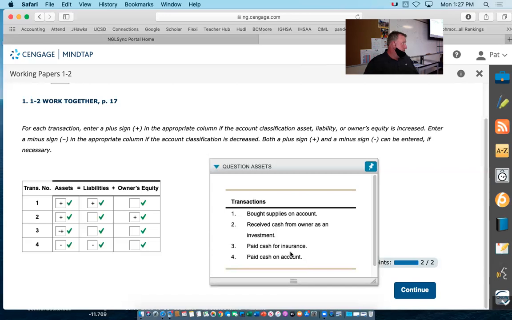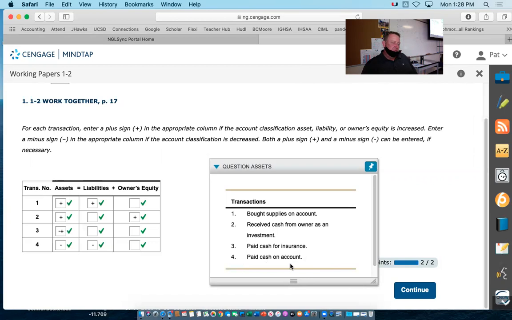So what's the other account being used? Insurance is an asset, so we have to do a plus. They're both on the same side, right? Subtract cash, but you add assets. Both on the same side of that accounting equation, so it should equal, right?